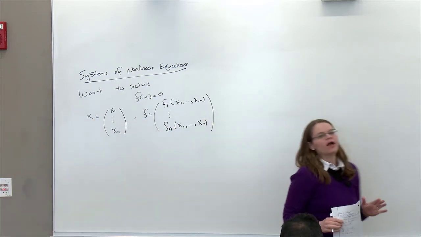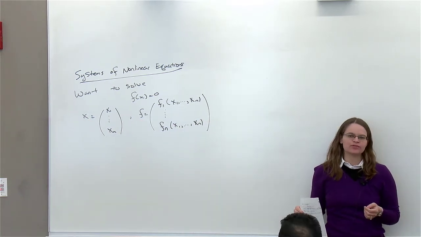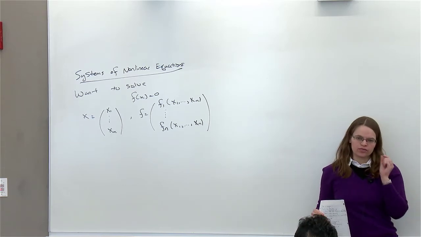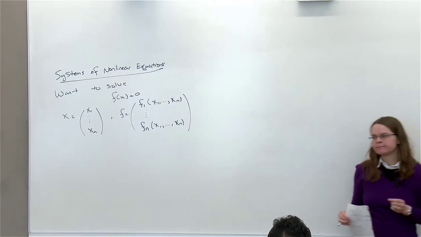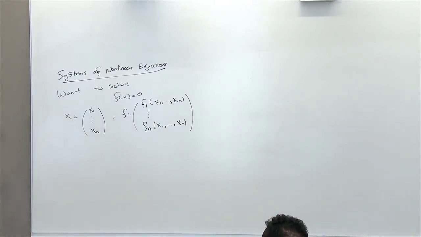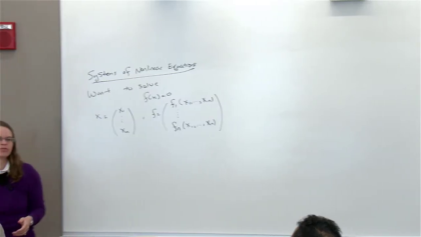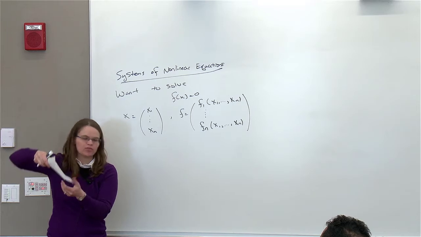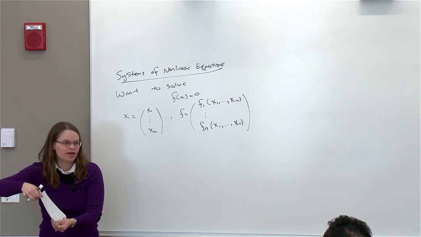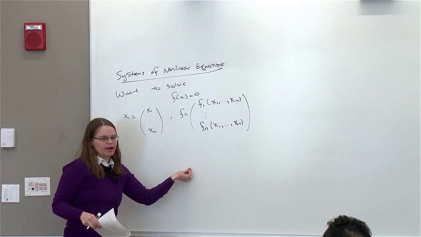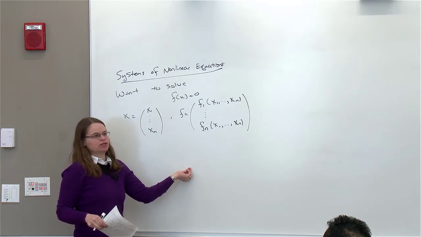Okay, so we don't have a simple method like bisection that is just super robust and works really easily like we do with scalar equations. Because we can't just think of to the right is above and to the left is below. Now we're separating things by planes or by hyperplanes, which is a lot more complicated than separating things by a single point, which is what we do in bisection.